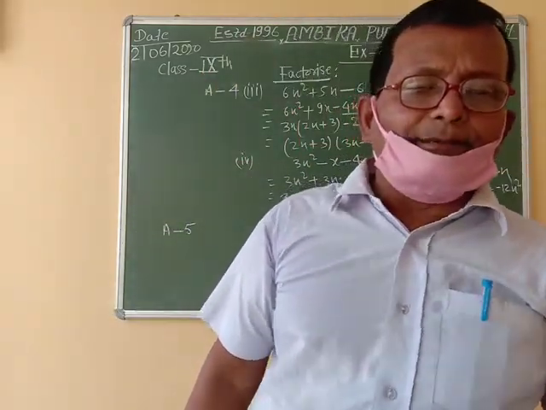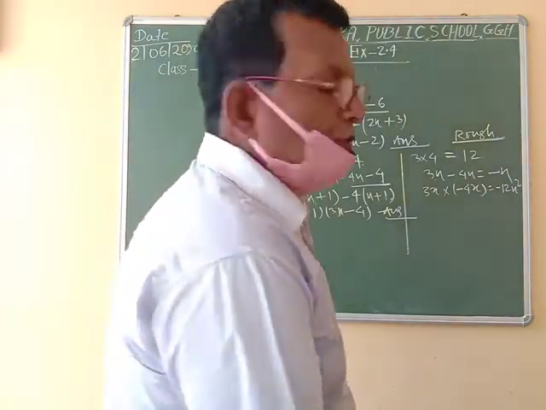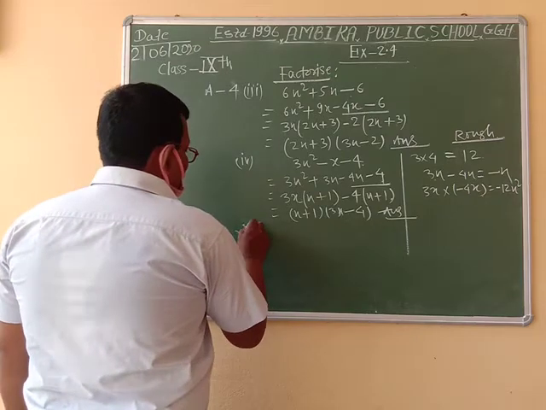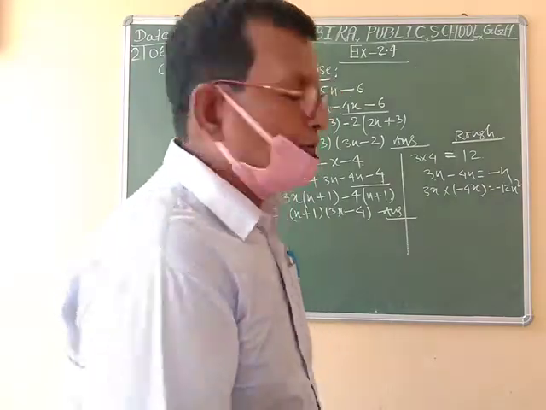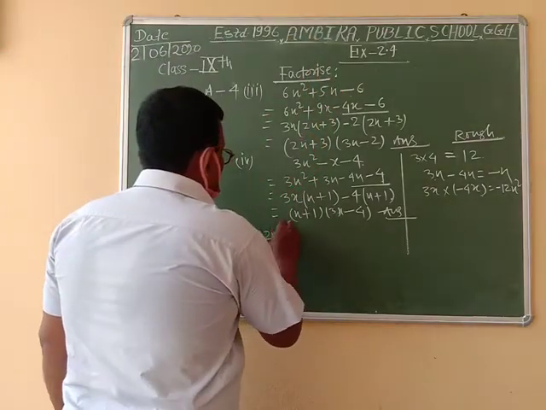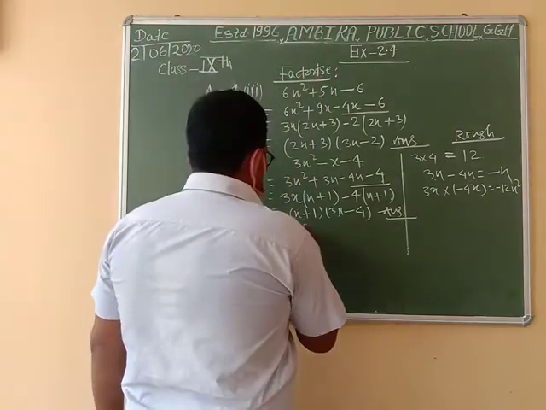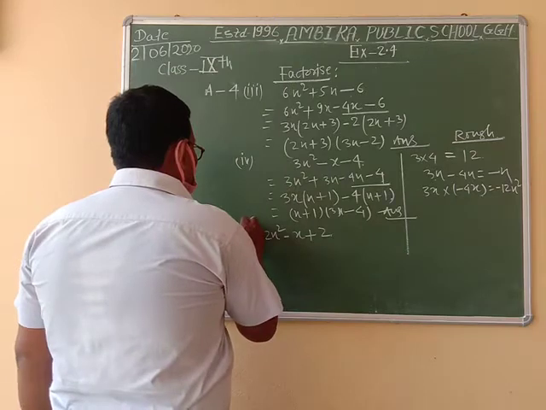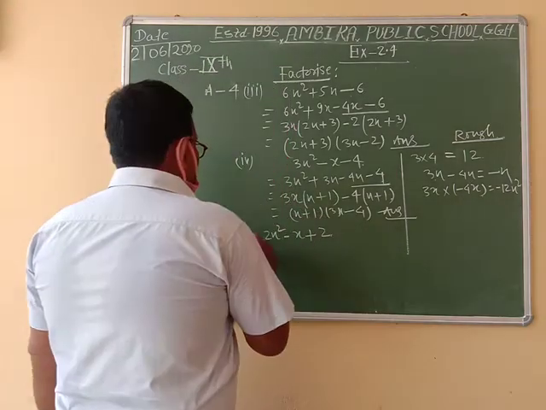There are 4 terms in this expression: x cube minus 2x square minus x plus 2.